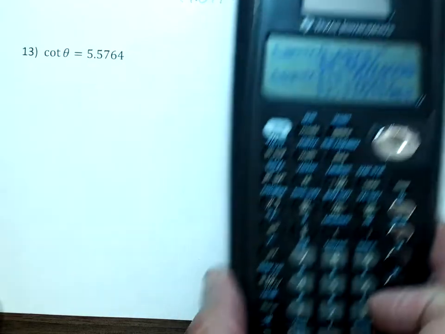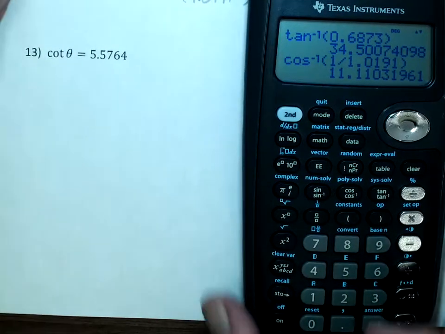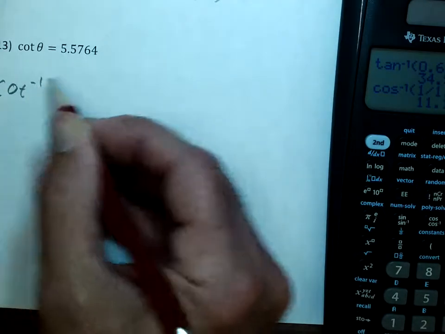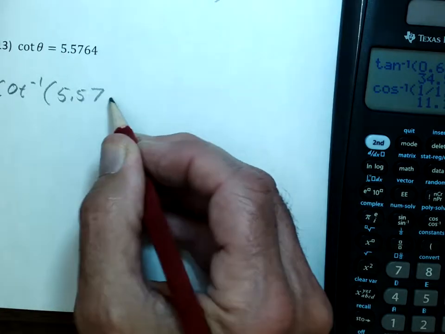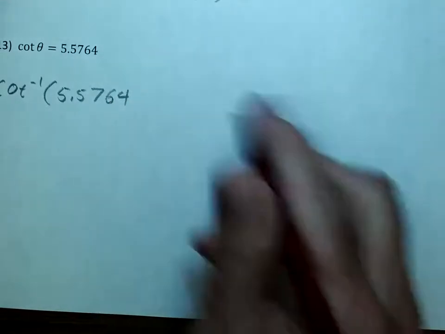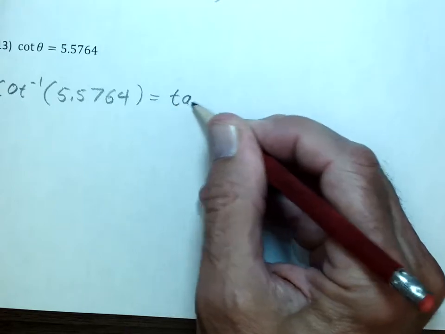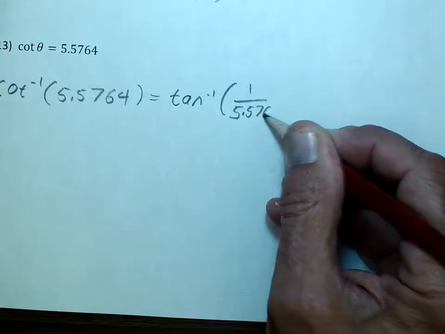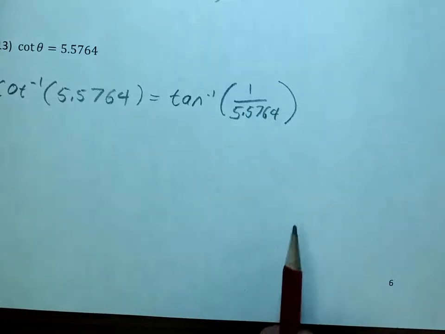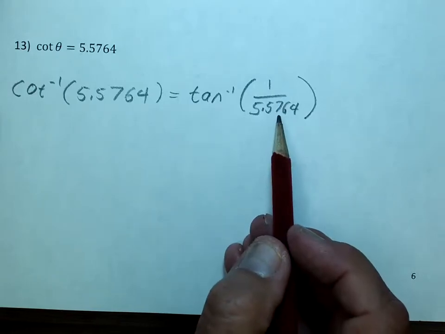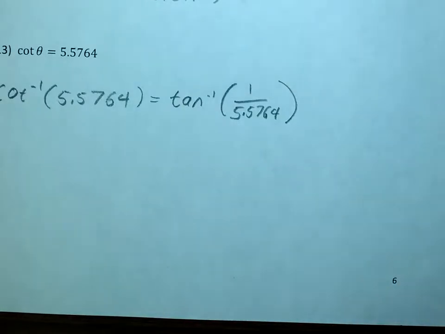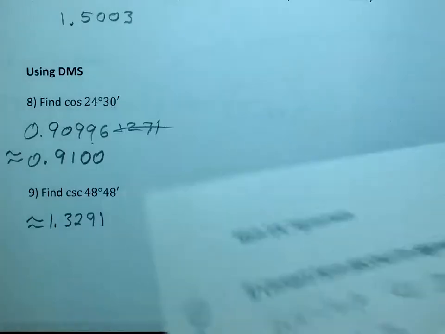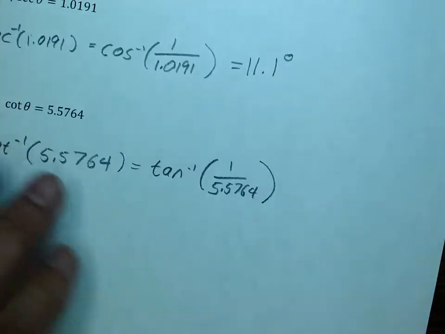Let's do one more quick one. Cotangent is 1 over the tangent, so inverse cotangent of 5.5764 is going to equal the inverse tangent of 1 over it. So when we're doing the inverse, you do 1 over this number.